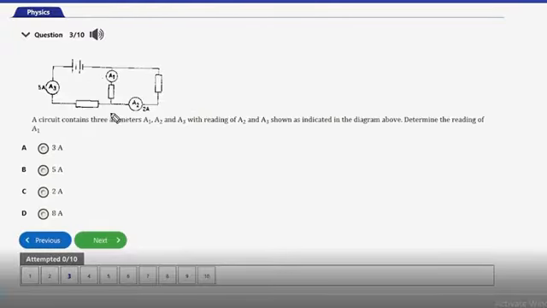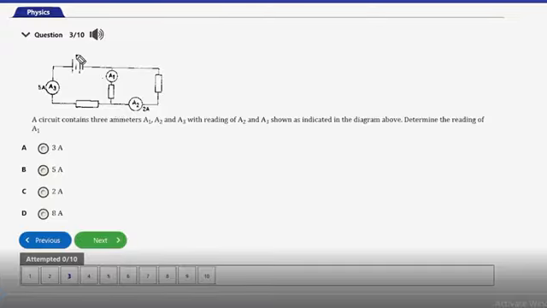It says a circuit contains 3 ammeters, A1, A2 and A3, with readings of A2 and A3 shown as indicated in the diagram above. Determine the reading of A1. So we've seen the reading of A3 here, which is 5 amps, and we've seen that of A1, which is not given, and then A2 is 2 amps.